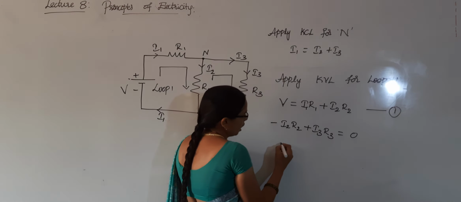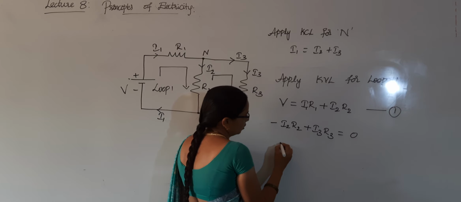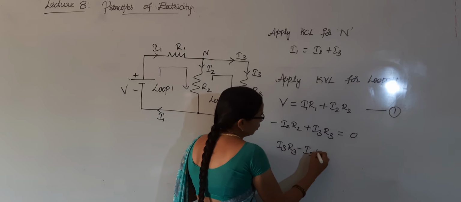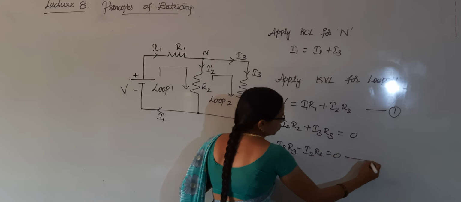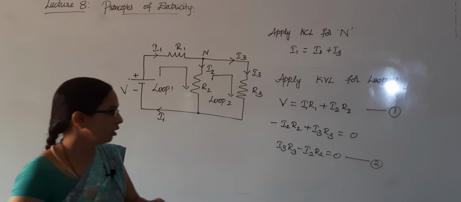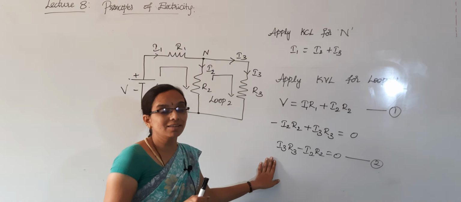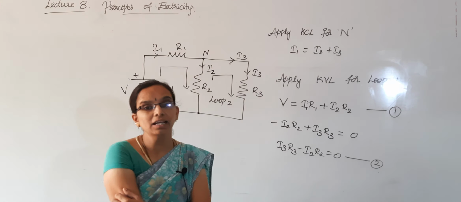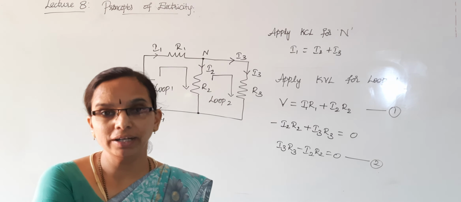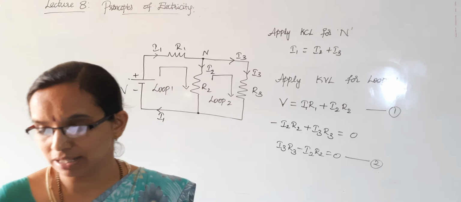That means I3 R3 minus I2 R2 is equal to 0. Call this equation 2. If I solve the simultaneous equations, I will get the values for I1, I2 and I3. This is a general circuit I have considered.